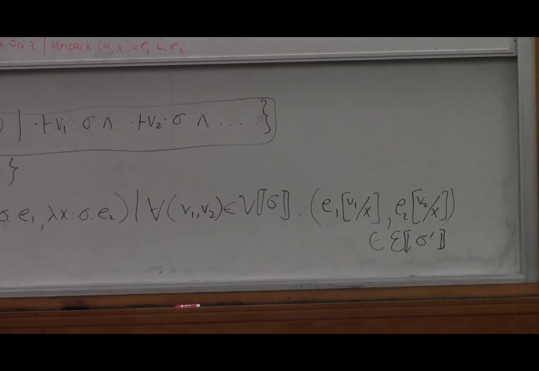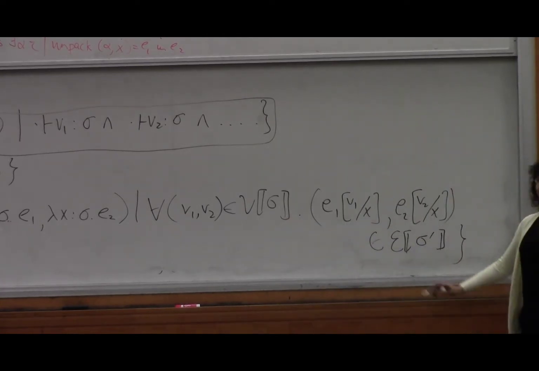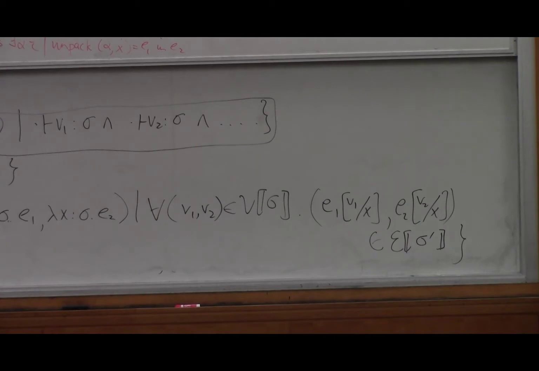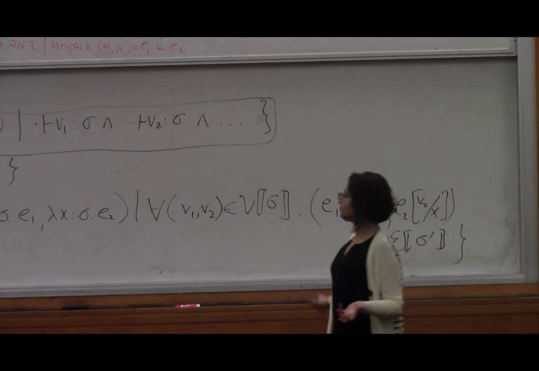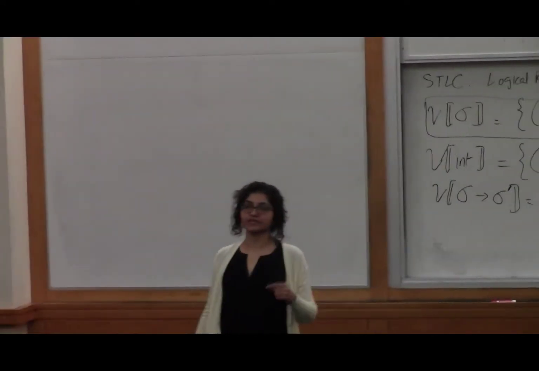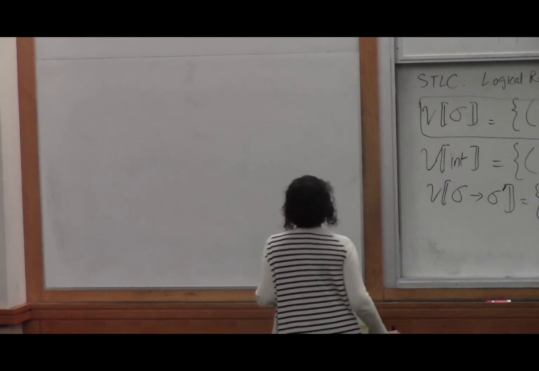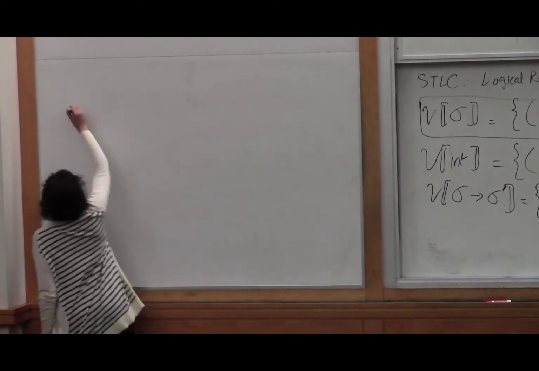Now, of course, I've introduced another unknown on the board. What exactly is this E relation? When are two expressions related? So we're going to define this E relation, which tells us when two closed expressions are related.